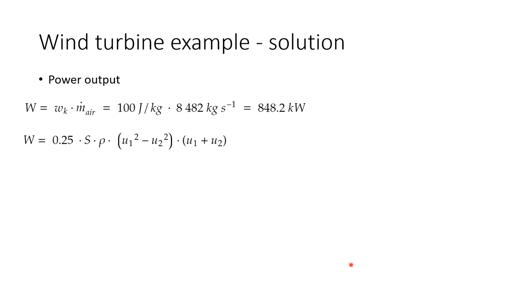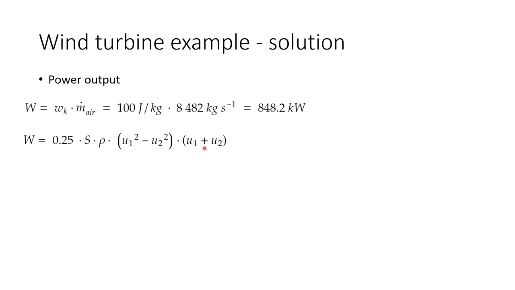Also we can express the work altogether. So it's 0.25 times surface area, density, and the difference in the squares of the velocity multiplied by the velocity u1 plus the velocity u2, which was before, divided by 2 in the part where we had the mass flow rate.